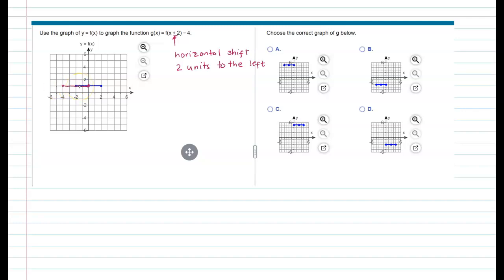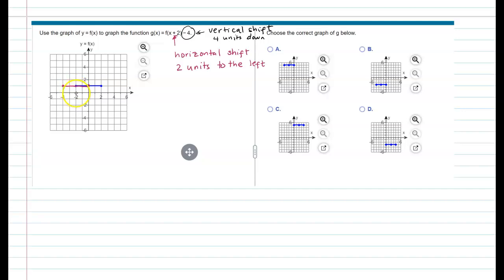The next, we still have to perform this minus 4 here. That means a vertical shift. So you're going to do vertical shift 4 units down. So this new graph here will be moved 4 units down.